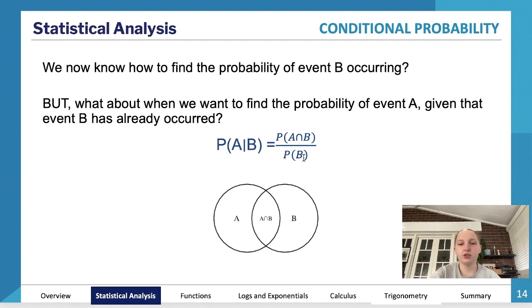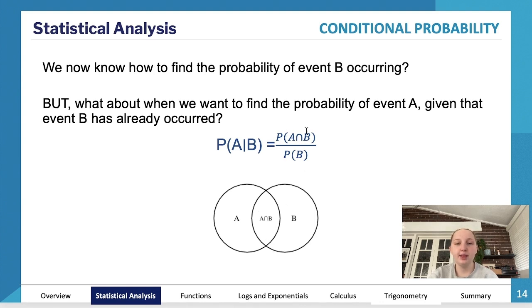This formula, again, is on your formula sheet, so don't stress about remembering it. But what it means is the probability that A has happened given B has already happened equals the probability of A and B occurring, all divided by the probability of B. Okay, and that's how you find the probability of A given B has happened.